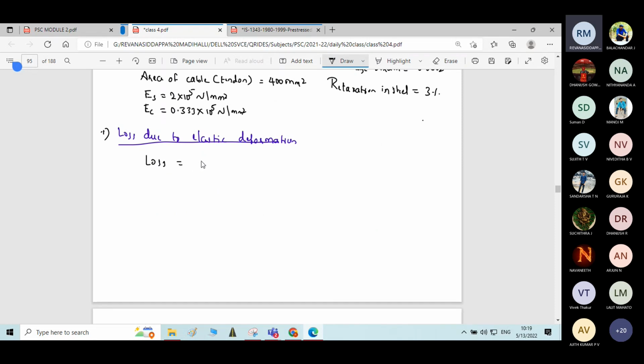It is calculated as the product of modular ratio and stress in concrete at the level of steel, m into fc.